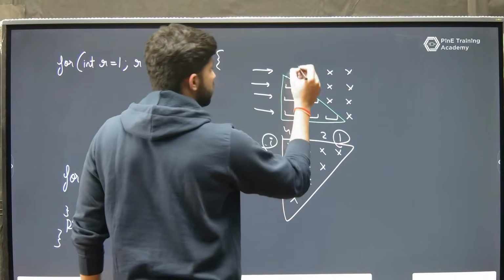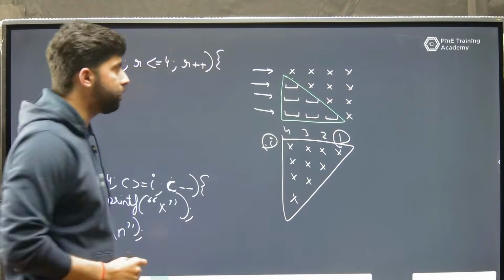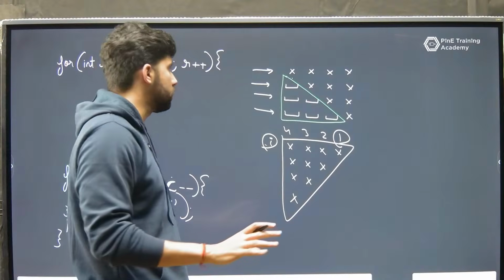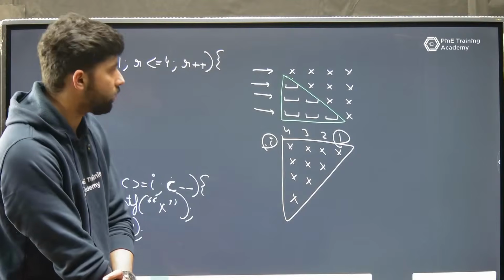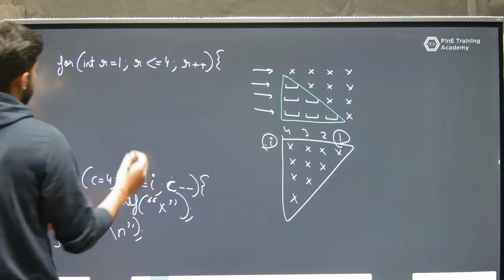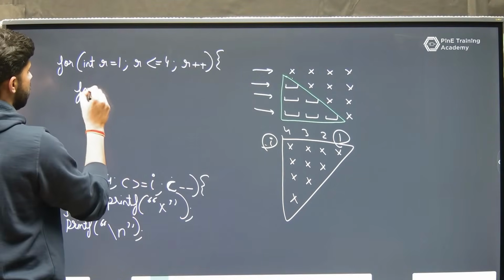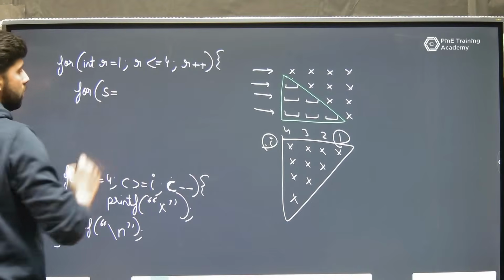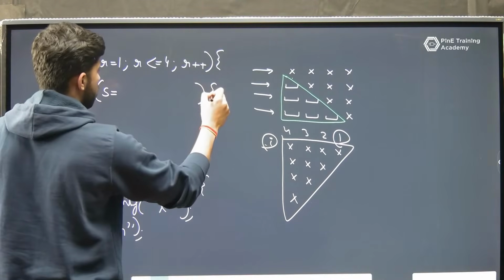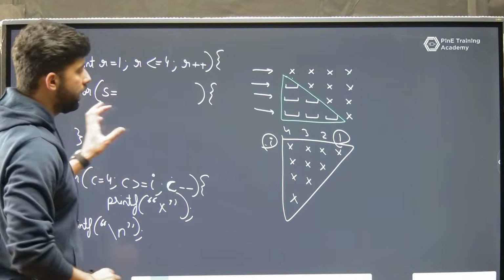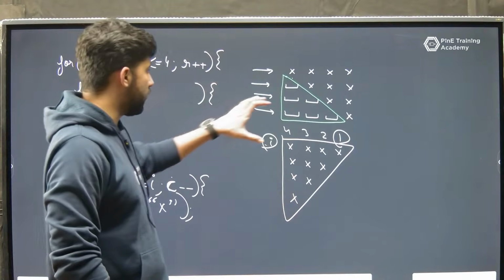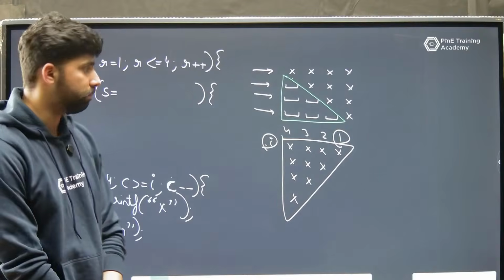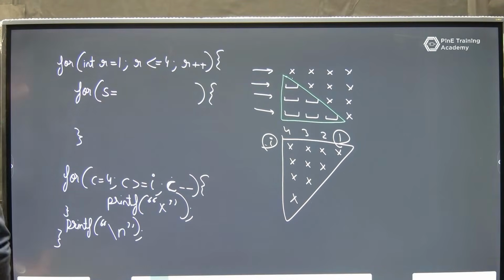So if you notice the first row, in the first row we don't have any space. From the second row we have spaces, which means I need to figure out some way which will ensure that I don't print any space the first time, right?